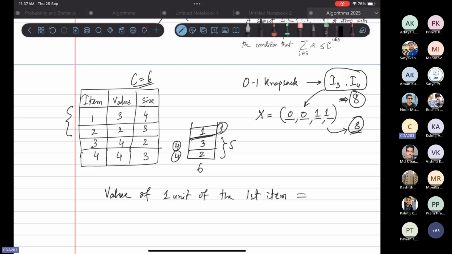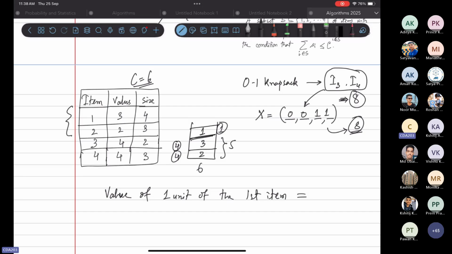Can you tell me? For item 1, 4 unit cost 3 rupees.